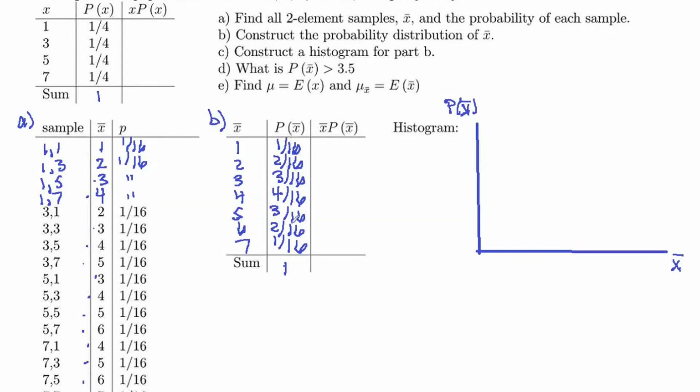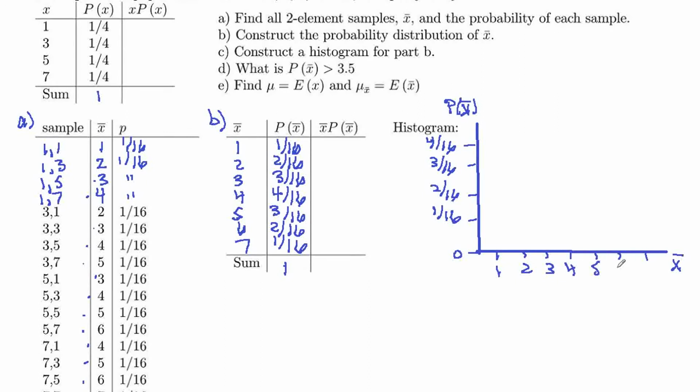And those probabilities go from 1/16th up to 4/16th. So this would be 0, 1, 2, 3, 4/16ths. And then our samples here, 1, 2, 3, 4, 5, 6, and 7 for x bar.